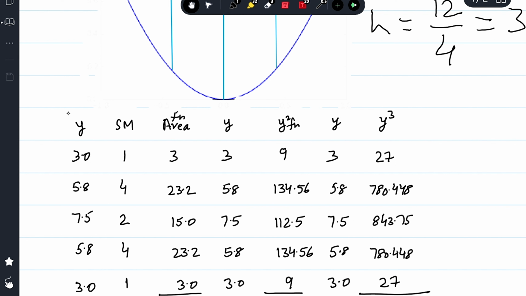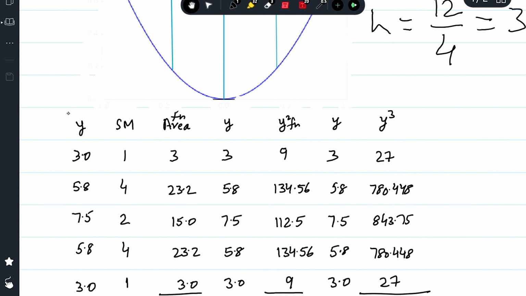So same ordinates are repeated here, and the y square function multiplied by y ordinate, and we get the y cube function, which is the second moment of area or moment of inertia function, because y square into y will become y cube.